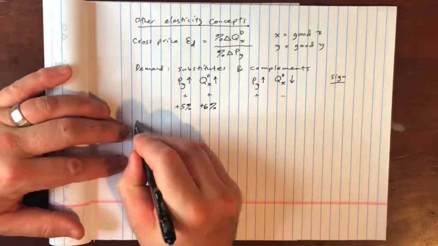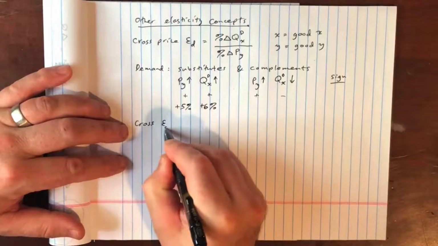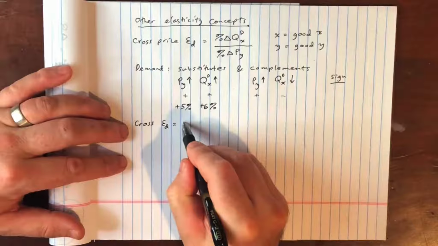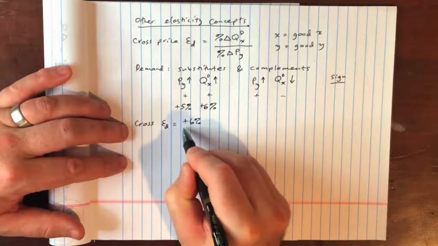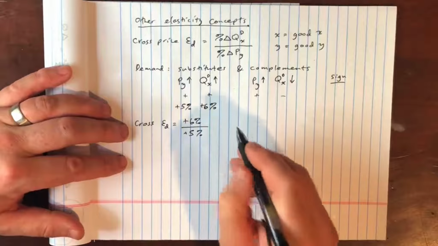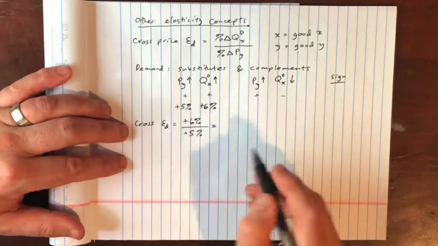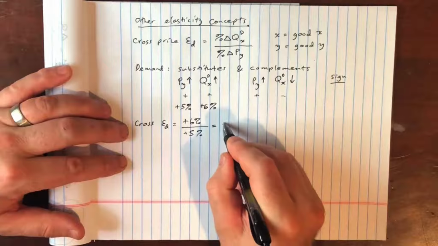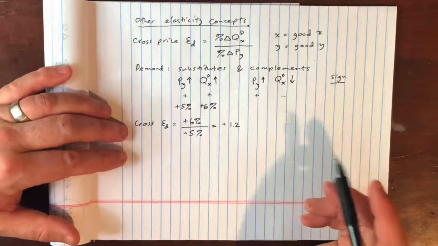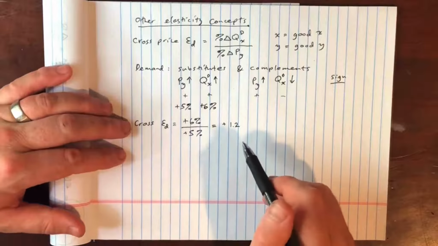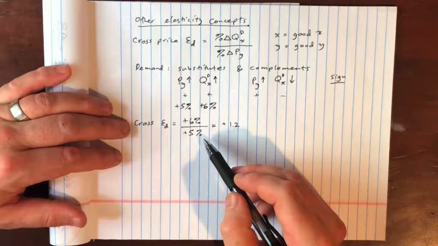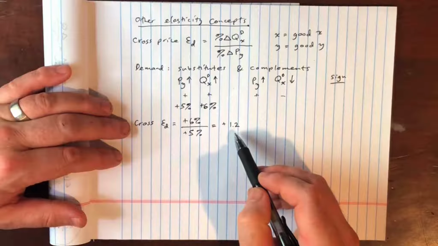So our cross elasticity of demand in this example, we would have a plus 6% over a plus 5%. So we are going to end up with a positive 1.2 here. Again, if you don't feel comfortable doing this in your head, you just use a calculator. 6 over 5 is 1 1/5, or 1.2.